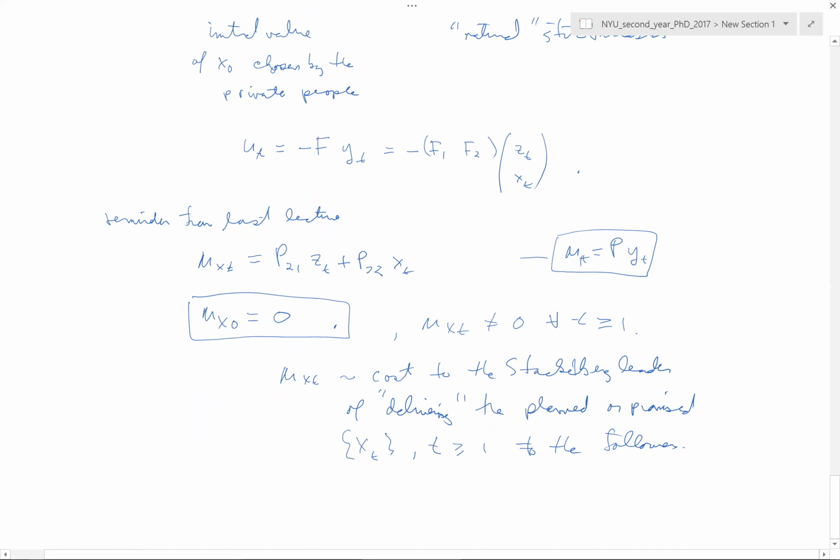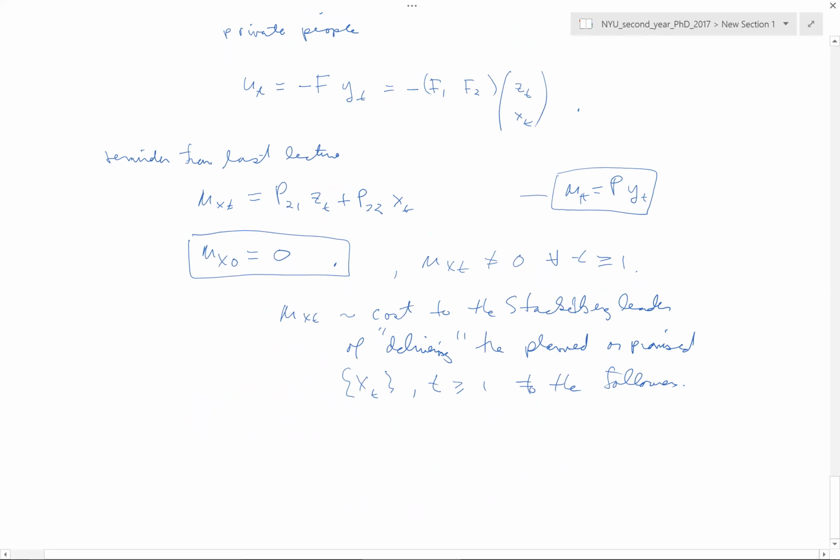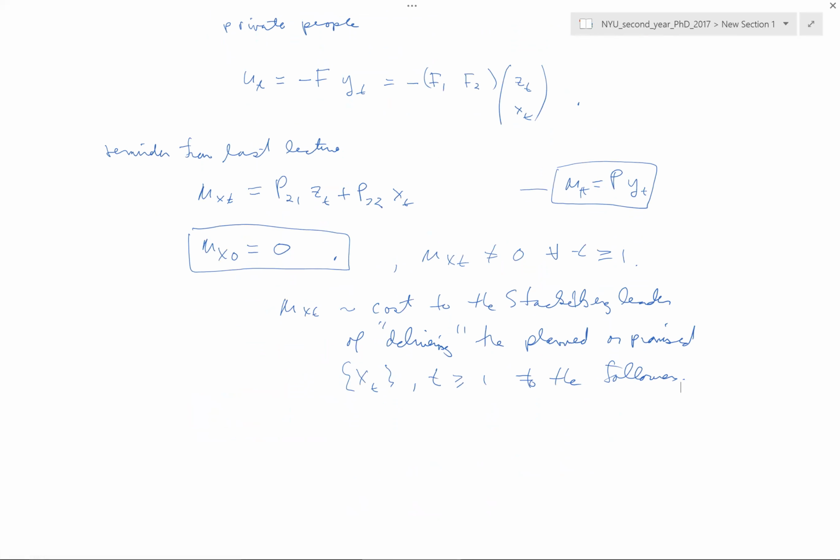That's what it is. So what's going to happen is, if we take our decision rule, we can write the final closed loop system, what we did last time.